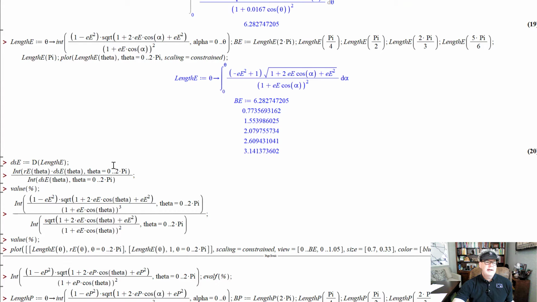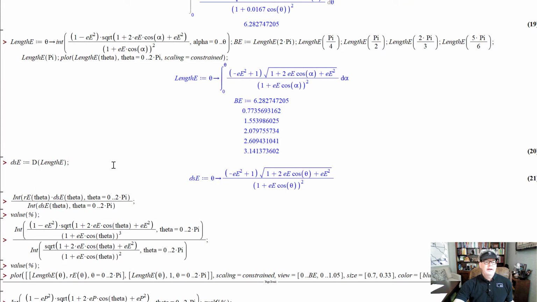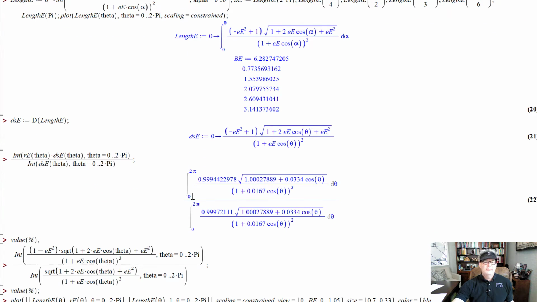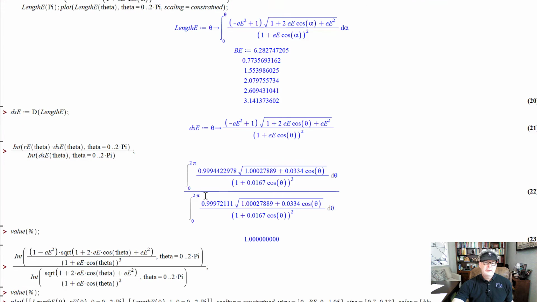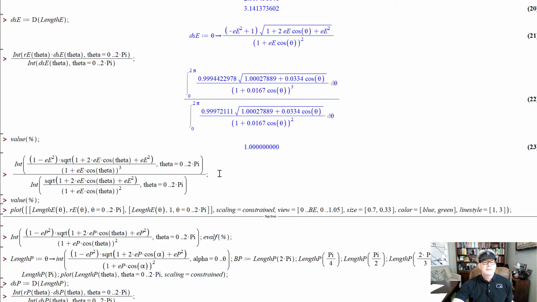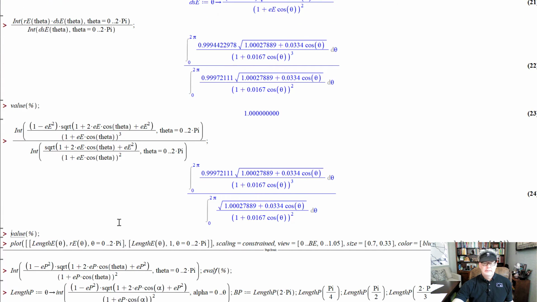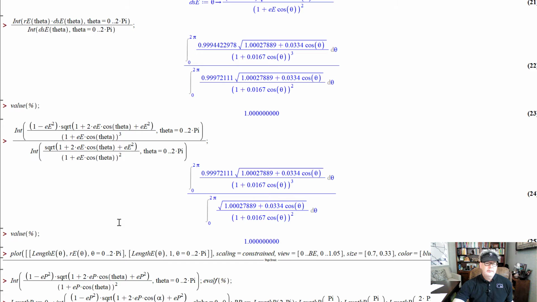So I define ds and then integrate r ds, divide by the integral of ds, and of course its value is 1 because I made the major axis 1. In general it'll be a. Or using my simplified formula, where I had the 1 minus e squared, this square root divided by cubed, and square root divided by squared, it'd be the same thing, 1.